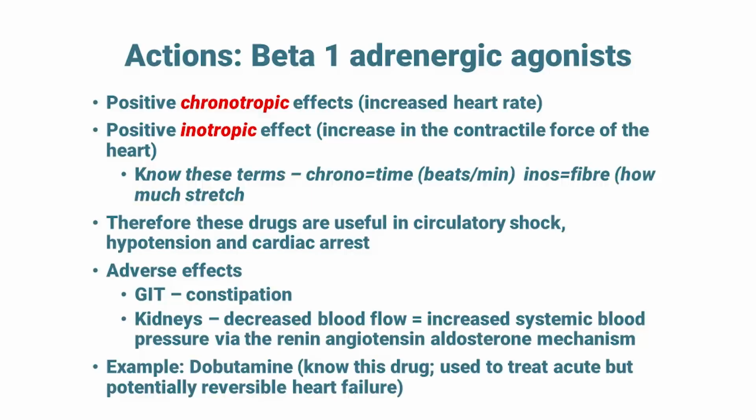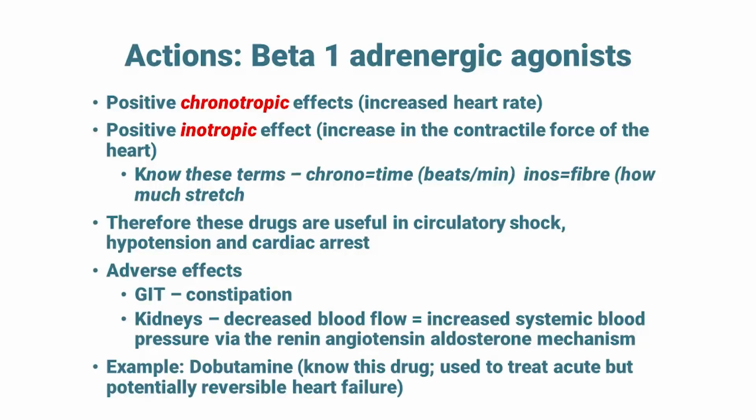Just saying chronotropic effect simply means that it has an effect on the heart rate. And just saying an inotropic effect just means that it has an effect on the contractility of the heart. You'd have to use the positive or negative preceding that word in order for it to make sense.